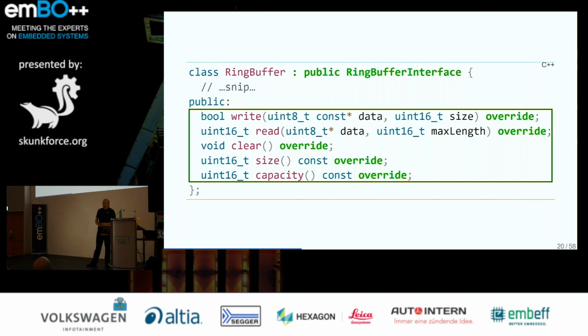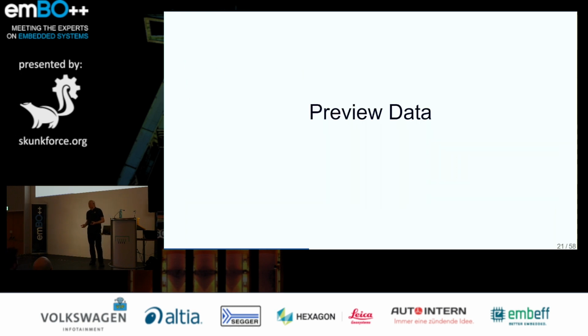Yeah. Some time goes around. A new requirement. Basically, we thought with the interface, it's enough. No, we need to preview the data. For example, if you have a measurement in your system, you take a long time series of data, and you don't want to throw it away by consuming it, but you want to calculate, for example, the average of the last hour's temperature or something like that.